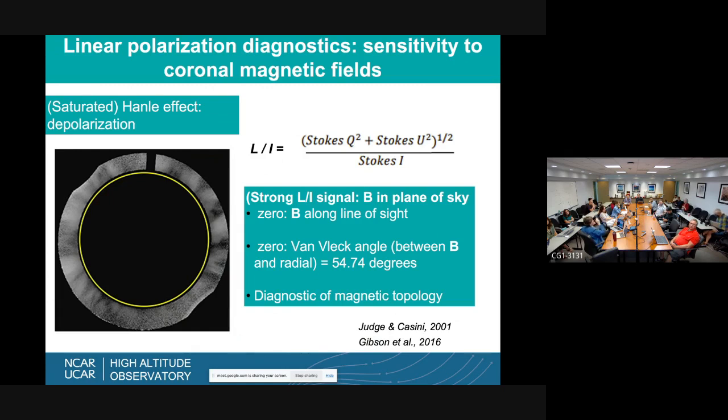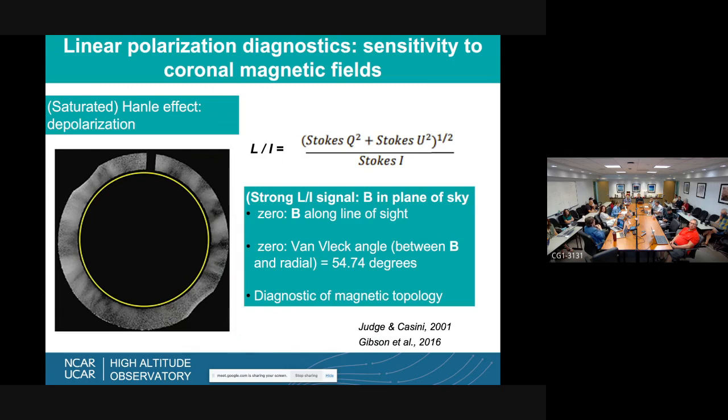It has a dependency on magnetic field such that for a particular coronal emission line, you are in its zone of influence where the magnetic field is at its place. For example, for Lyman alpha, it's about 60 Gauss. So if you have fields around 60 Gauss, it's going to be able to diagnose them through the way the linear polarization is depolarized and the polarization vector is rotated.